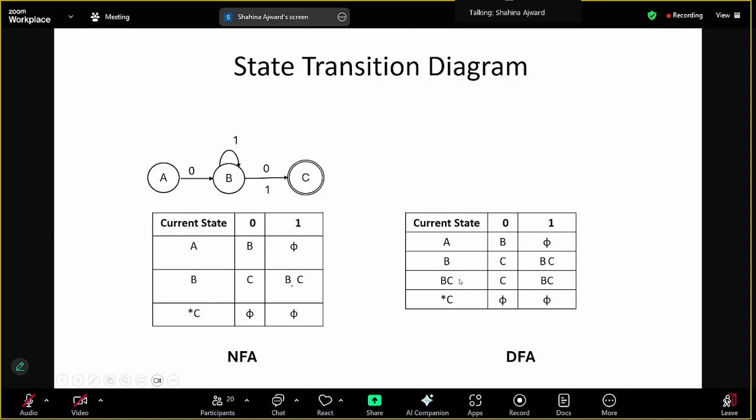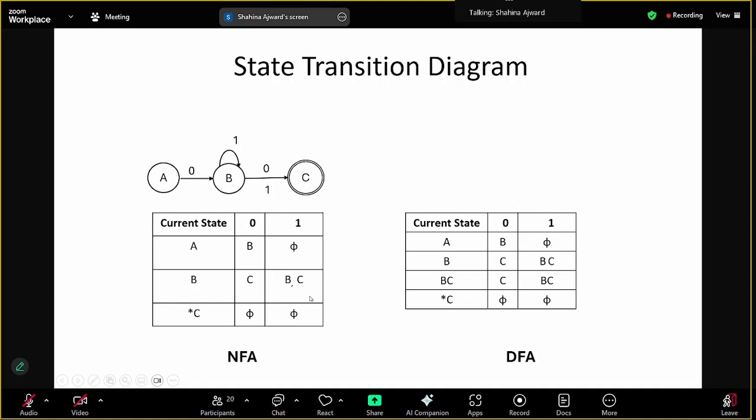Next we have to check what happens for the BC current state when it receives input symbol 1. That means this column, right? For B and C both, it will go to BC and nowhere.